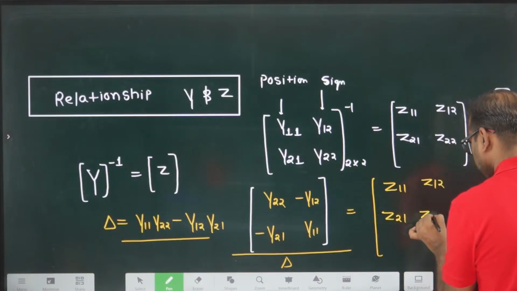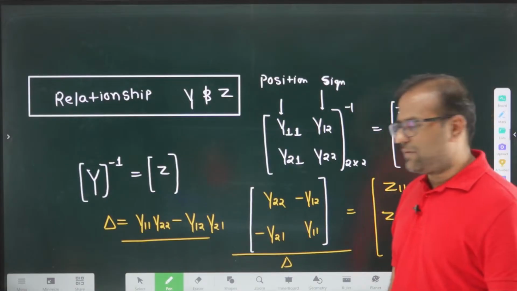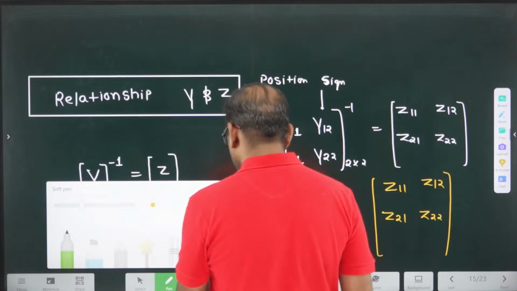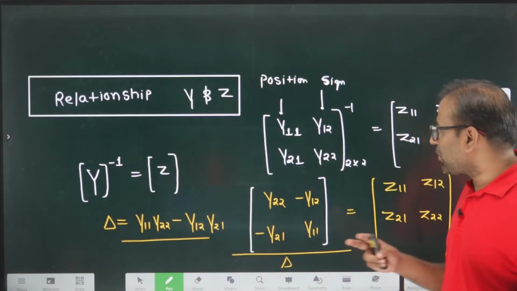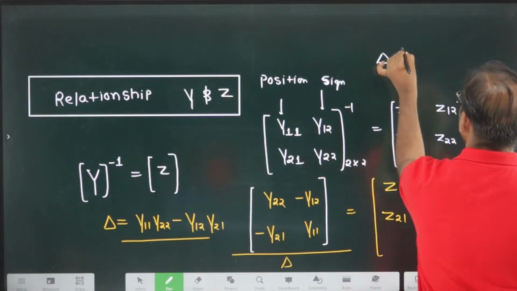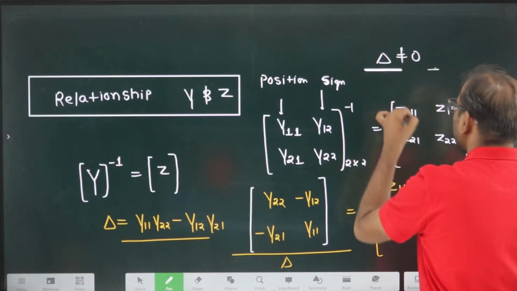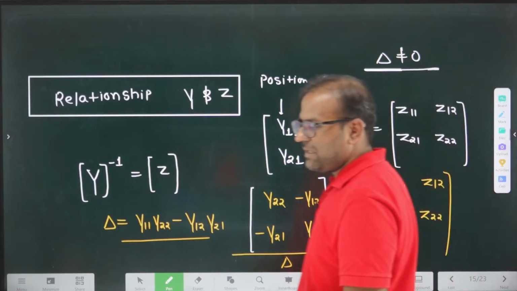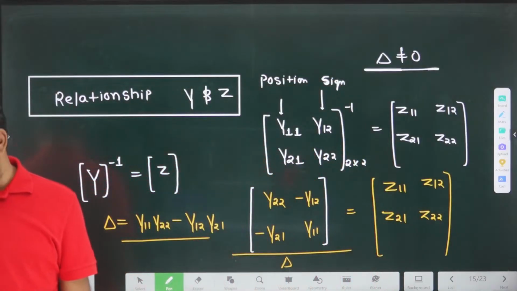So if I say what is the value of Z11, so can I say, in the relationship between Y and Z parameters, provided this del is not equal to 0. This del is not equal to 0. This is the condition.